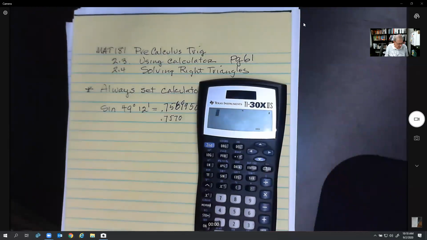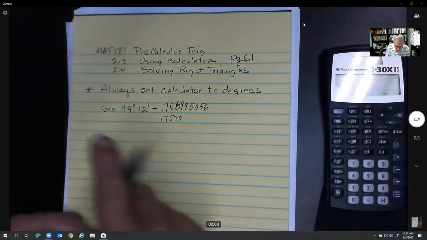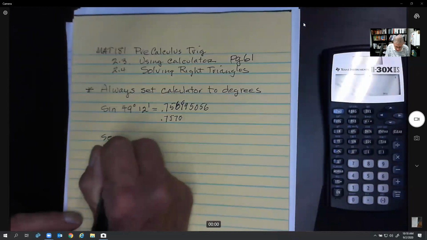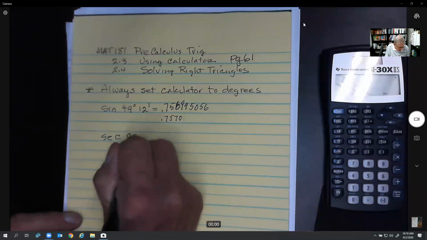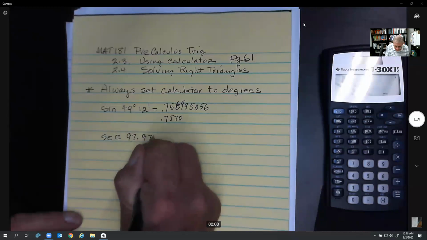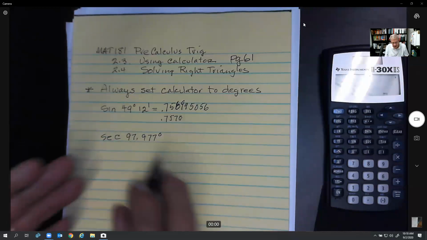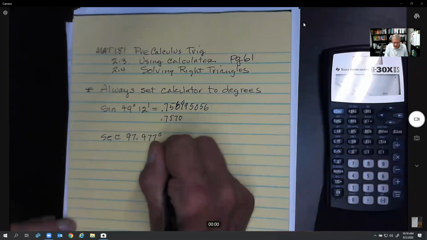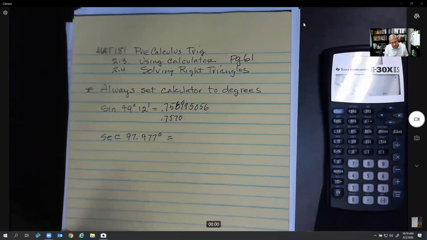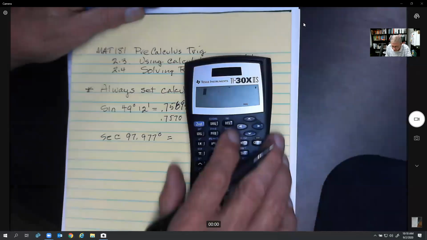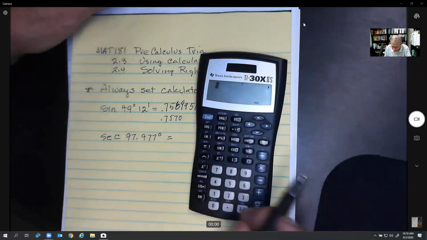Okay, next thing I want to find is the secant of 97.977 degrees. So I have a 97-degree angle, and I want to know what the equivalent is on my calculator. But I want the secant function.